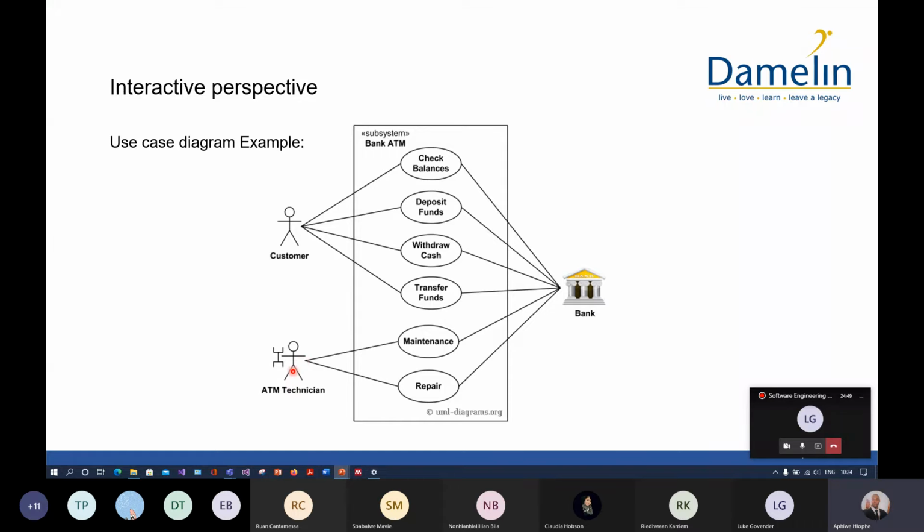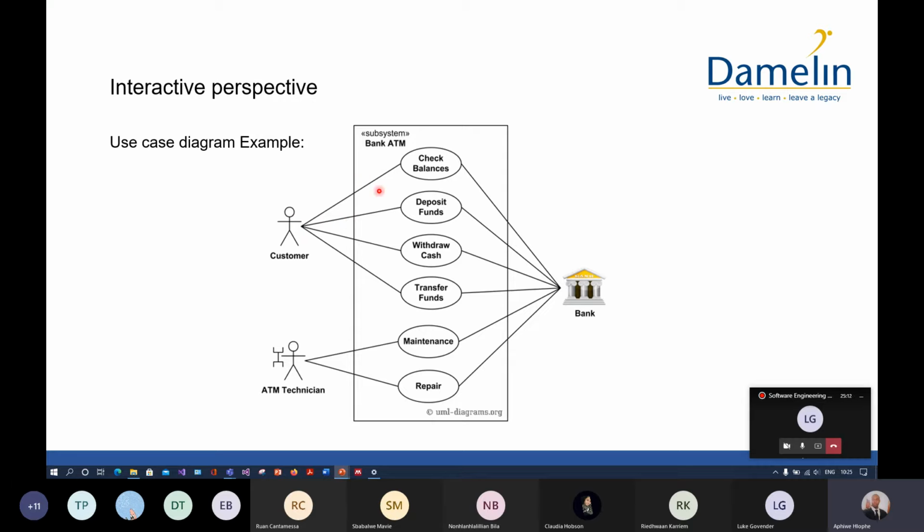Okay. Now, when you have a use case diagram with multiple use cases, it is important to link up the use cases with the correct actor, because the customer won't trigger all of these use cases themselves. Okay, so you need to link the correct actor to the correct use case.